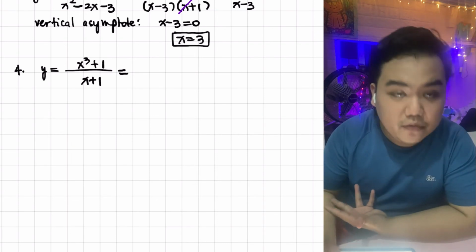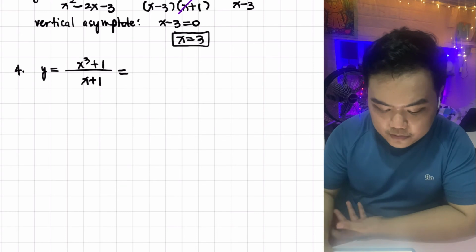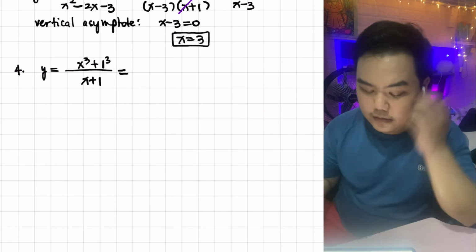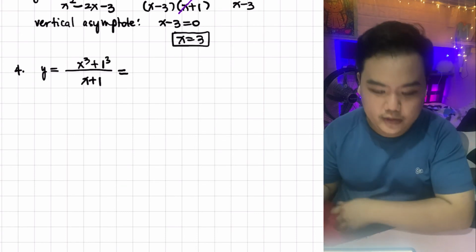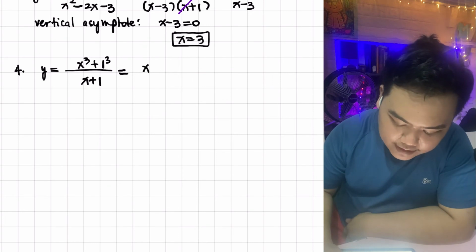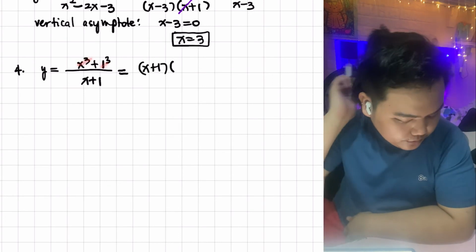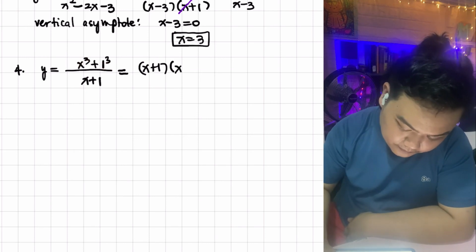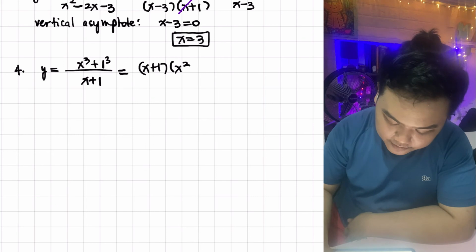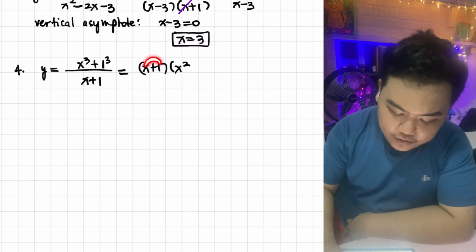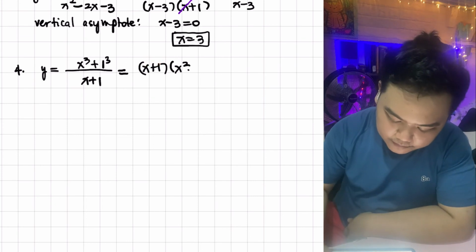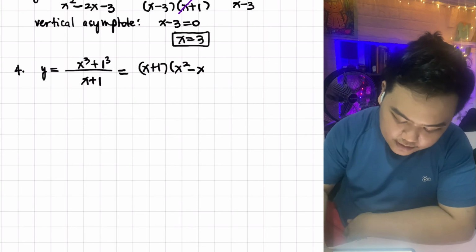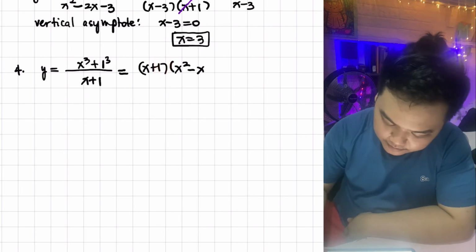This is a sum of 2 cubes because x cubed plus 1 is x cubed plus 1 cubed. You can factor it as x plus 1, cube root, tapos square the first term, tapos multiply nyo yan and then you negate, and then square the last term.